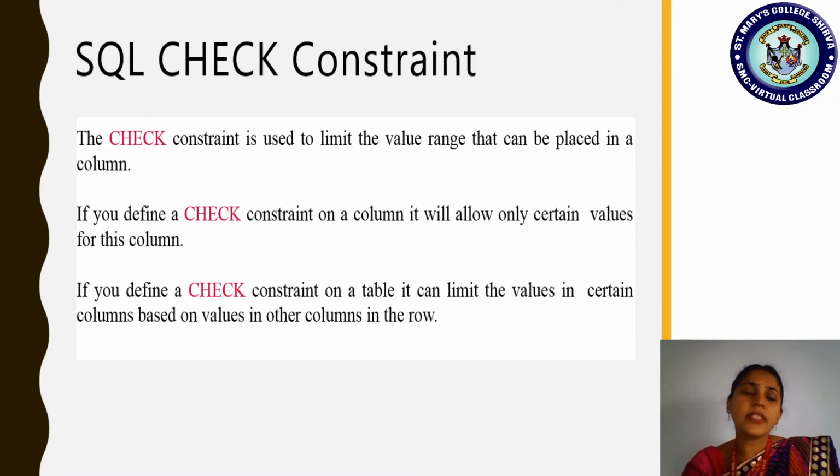Suppose you want to showcase that you are giving preference to female students to get enrolled in a particular course, and you want to gain the attention of female candidates for that course, and you want to fix some fees-related concession for the female students. So you can define a constraint with the help of a check constraint on a table also.